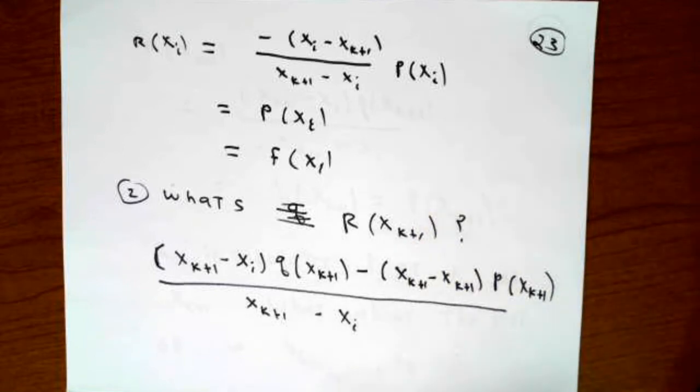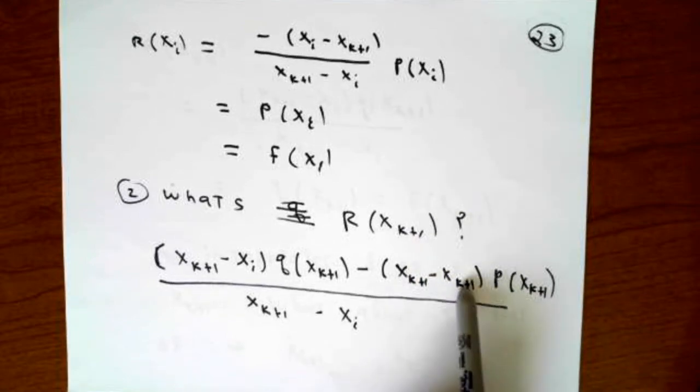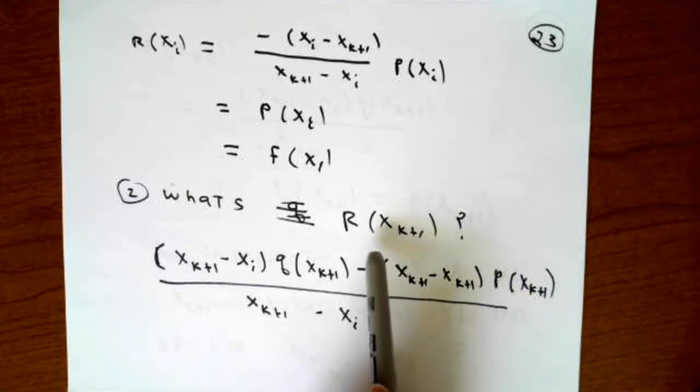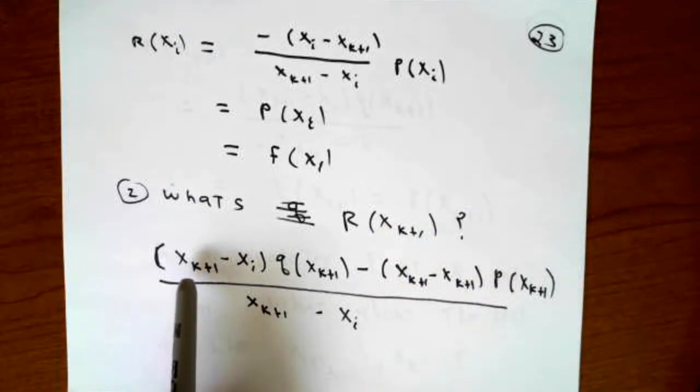What is r evaluated at x equals x number k plus 1? Again, I'm going to take my r polynomial formula and just replace the letter x with x number k plus 1. In this case, the second term has a factor that's 0. So this piece is 0.